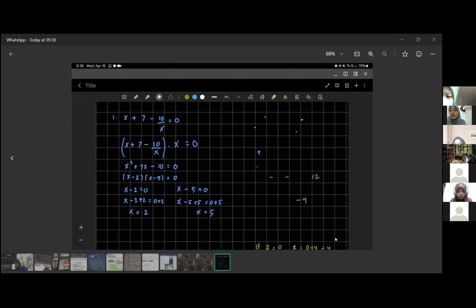Set each factor equal to 0: x minus 2 equals 0, add 2 to both sides, the value of x equals 2. And x minus 5 equals 0, add 5 to both sides, the value of x is 5. So the values of x are 2 and 5. Sudah.